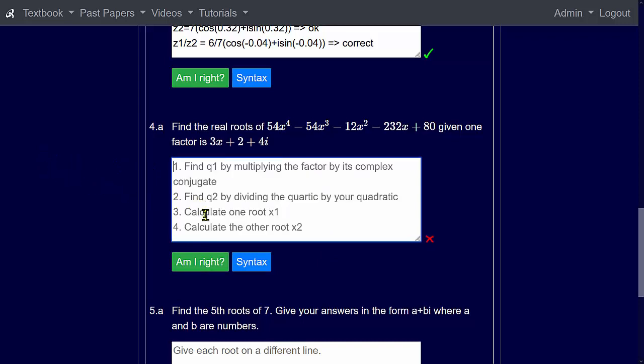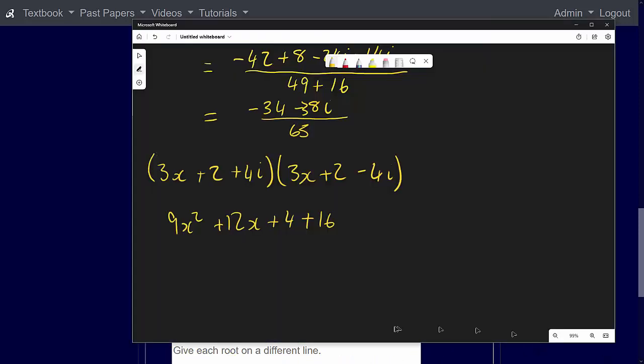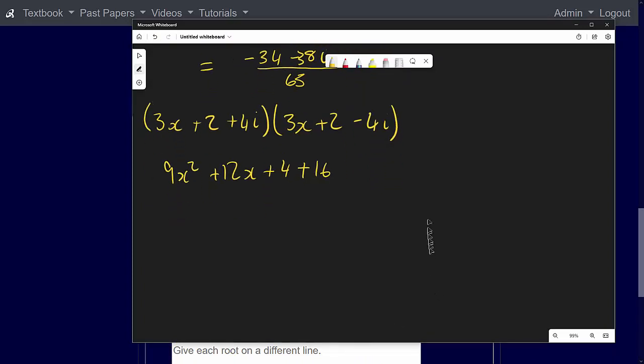Okay, so now, let me just delete that for a second. It says find Q2 by dividing the quartic, that's to say the 54x to the fourth and everything, by Q1, the thing that we've just calculated. So we'll put that back in there, and then we'll do that division. What I want to do is move the board up a bit.